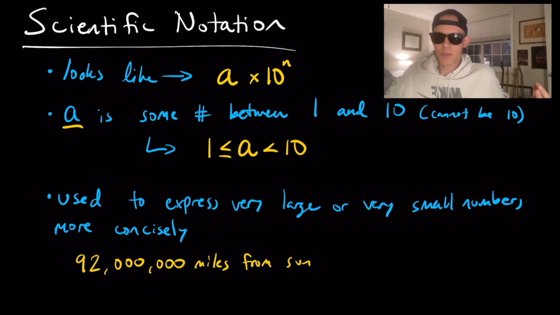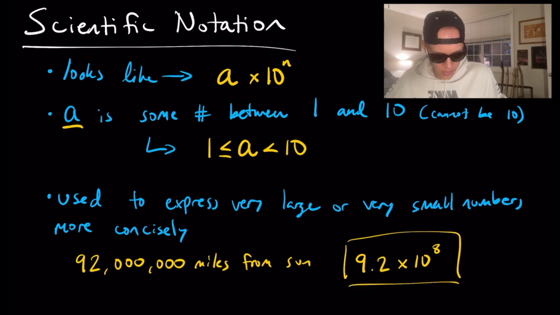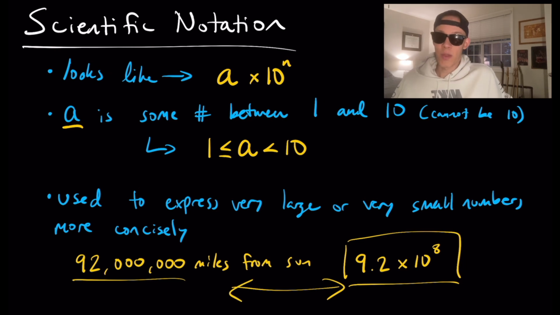If I was studying the Earth from the sun and this number kept popping up, I could write this number as many times as I need, or I could express it in scientific notation and write it like this: 9.2 times 10 to the, let's see, 1, 2, 3, 4, 5, 6, 7, 8. Pretty sure it's to the 8th power. I will show you in a moment how we go from numbers like this to scientific notation, as well as the other way around.